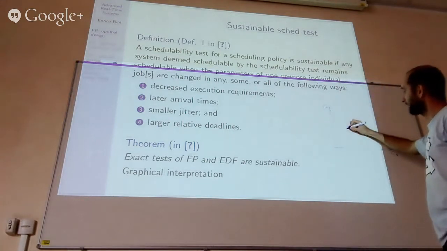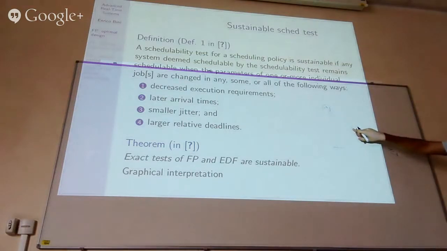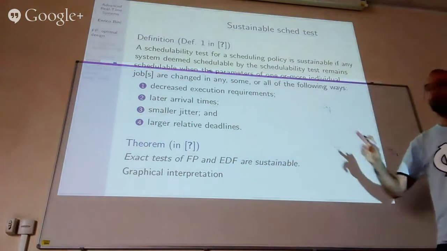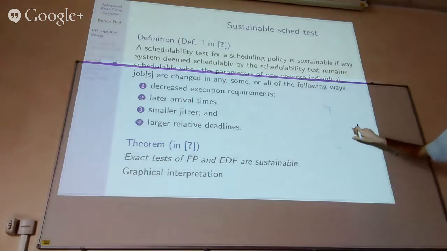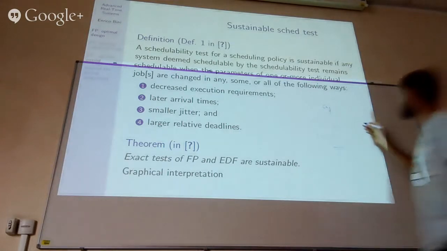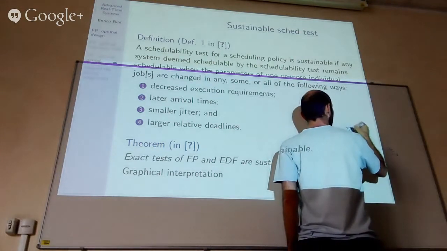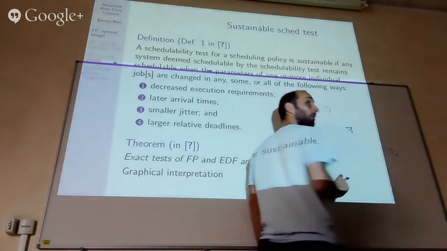This condition means that if we have a point here which is schedulable, then, since they also prove that fixed priority and EDF are sustainable, if this point is either fixed priority or EDF schedulable, then by decreasing computation time by any amount, meaning moving in any of these directions, by decreasing any of the components, we are still schedulable.